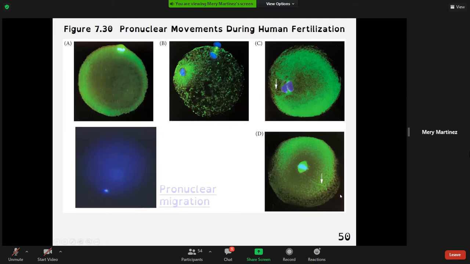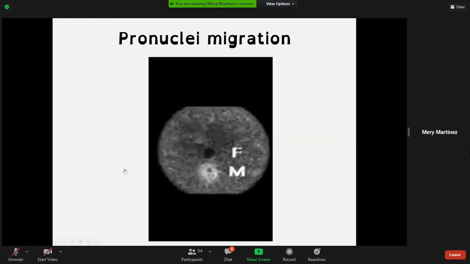Okay, and then in E, what we have in this image here is that the chromosomes from sperm and egg intermix on the metaphase plate, and we're going to start the mitotic spindle. So we're going to see in this little short video how the pronuclei are migrating. So this is the female and this is the male under here.